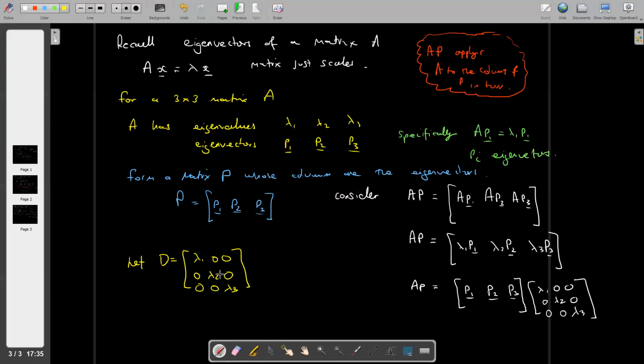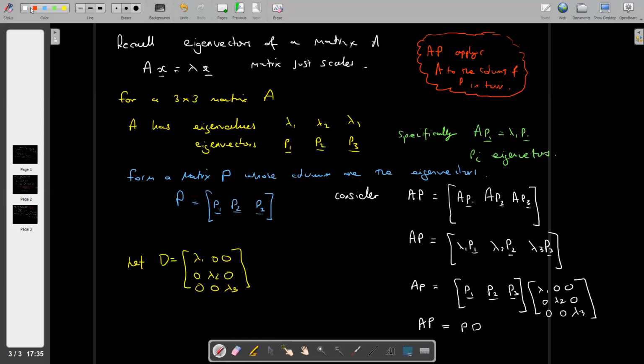So if we let D equal this diagonal matrix, whose diagonal entries are the eigenvalues, then we can write the product AP as this, which is the matrix P already, times the matrix D. Okay? So we've got this statement now, AP is equal to PD, where P is the matrix of eigenvectors and D is the diagonal matrix of eigenvalues.